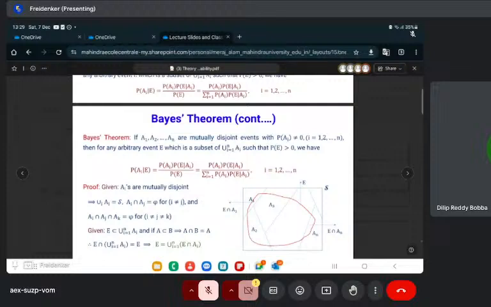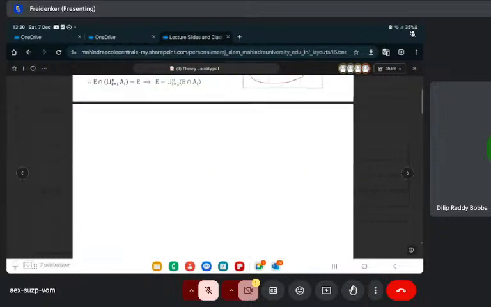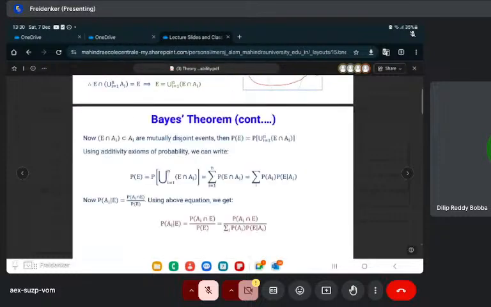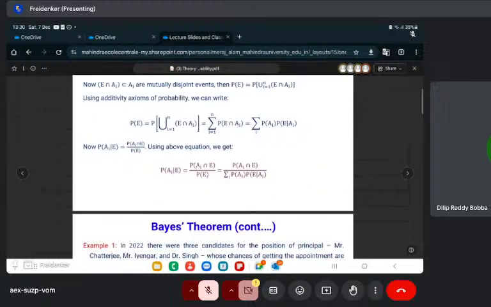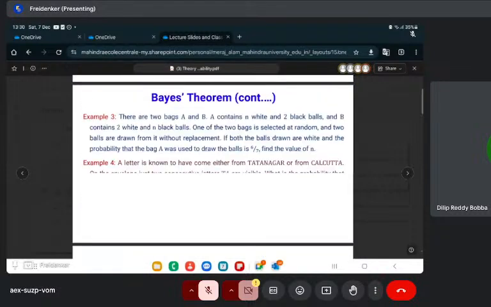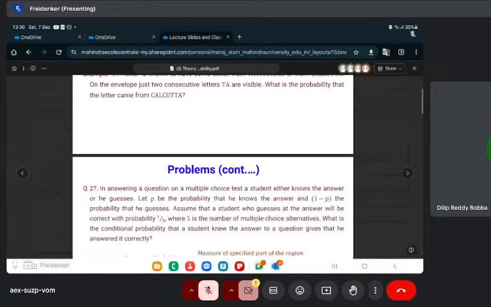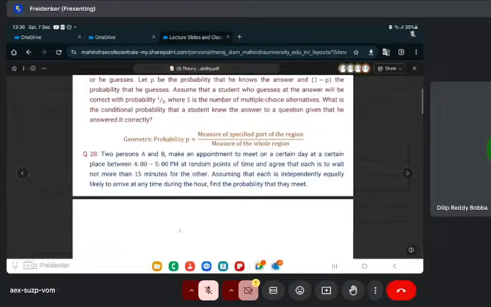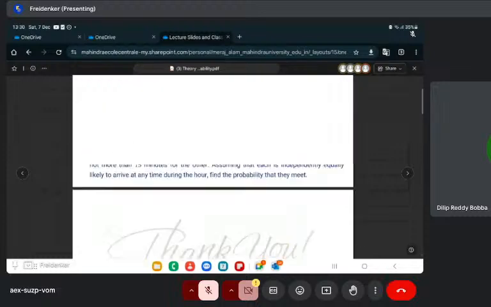Okay, maybe that's why it says posterior probabilities. Fine. Is that how it is? No answers here. Fine.